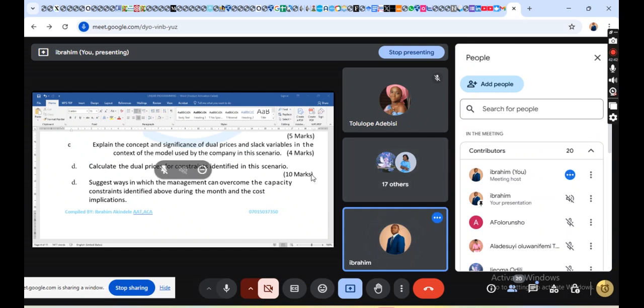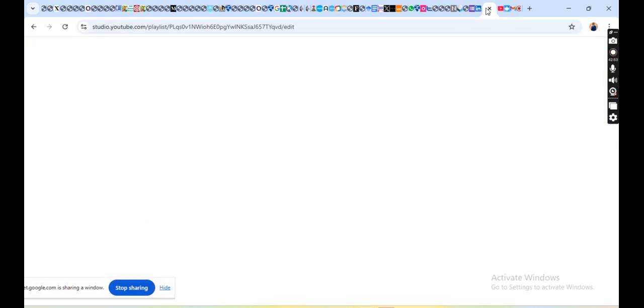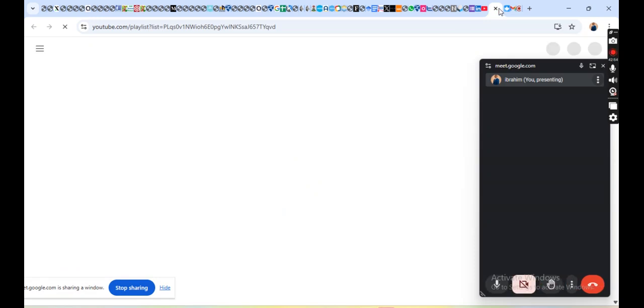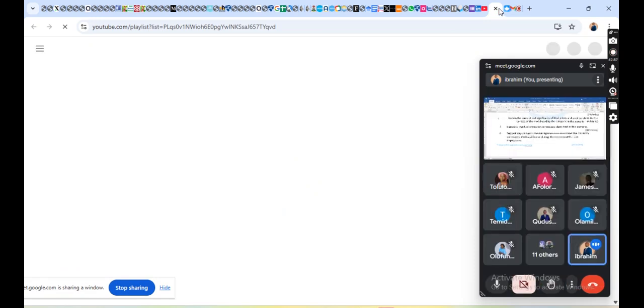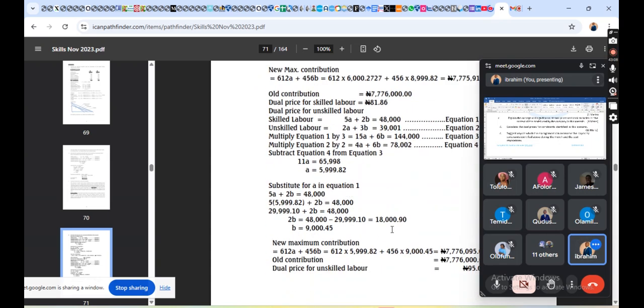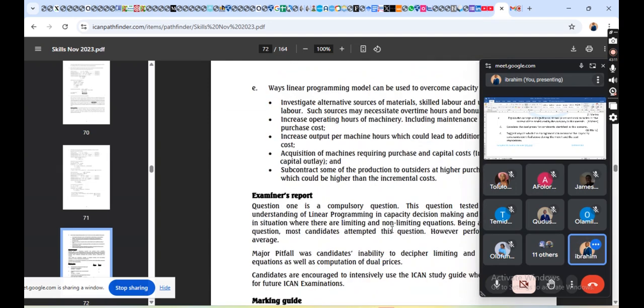Lastly, suggest ways in which the management can overcome the capacity constraints identified above during the month, and the cost implication. Class, how can they overcome these constraints? To me, for them to overcome these constraints, they can probably operate on the just-in-time system, right?